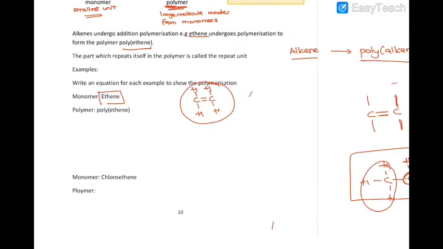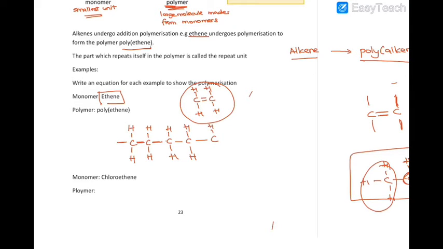Polyethene is just going to be ethene, but without the double bond. So you'll break the double bond, it's going to open up on both sides as such. It's the same thing without the double bond, and this keeps on going. So that's a second monomer being added.